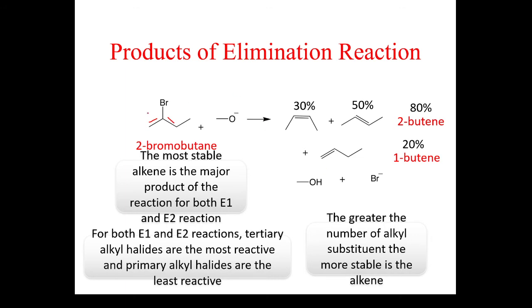So here are my choices, A and B. This carbon has three hydrogens coming off of it, H, H, and H. This carbon has a CH3 coming off of it.